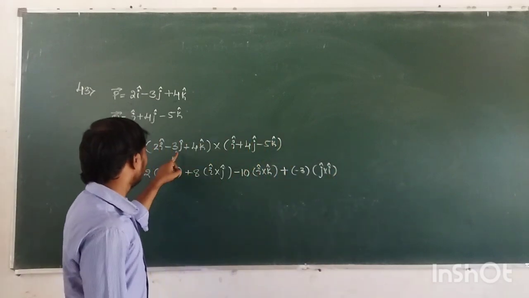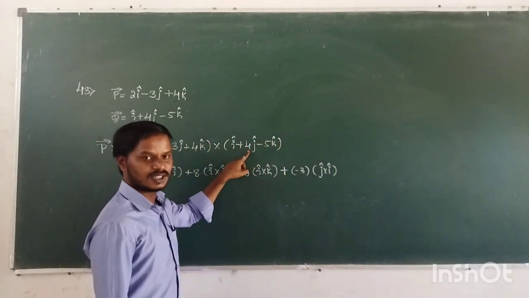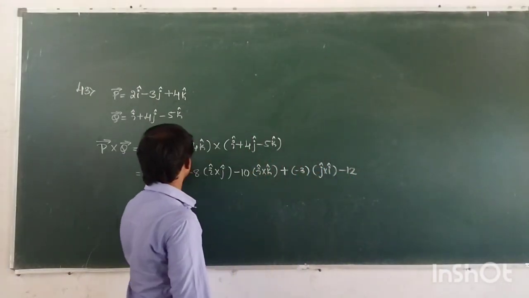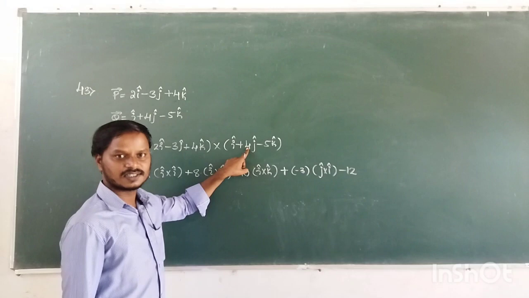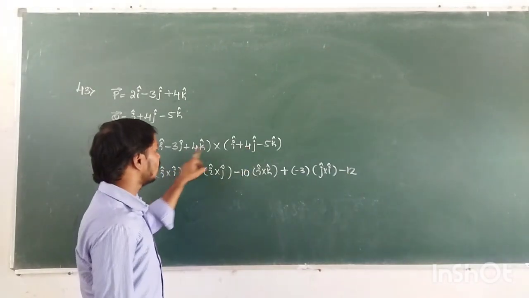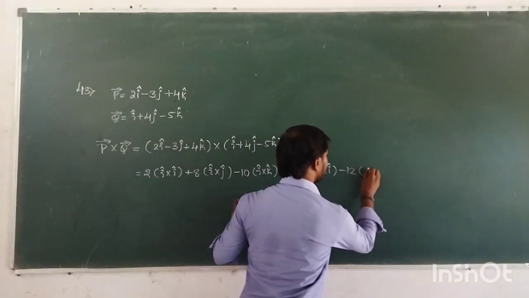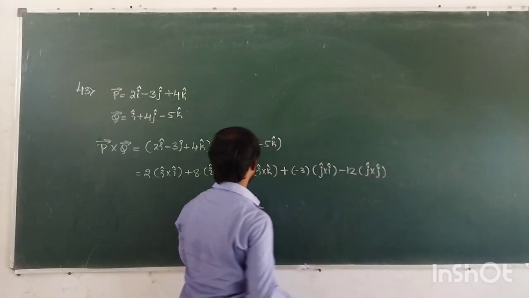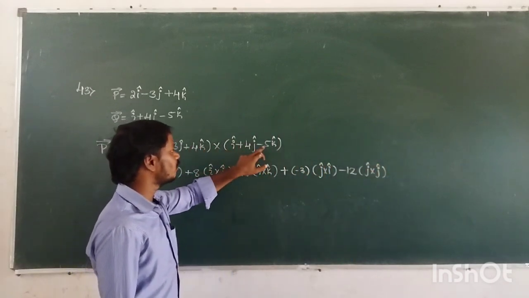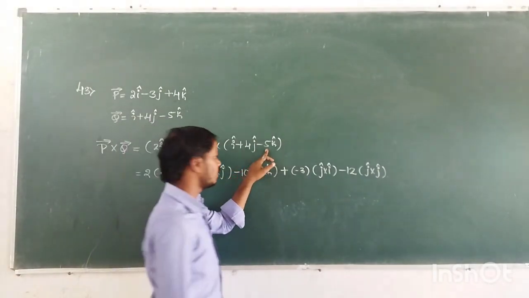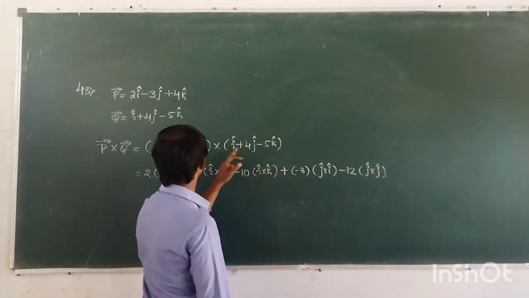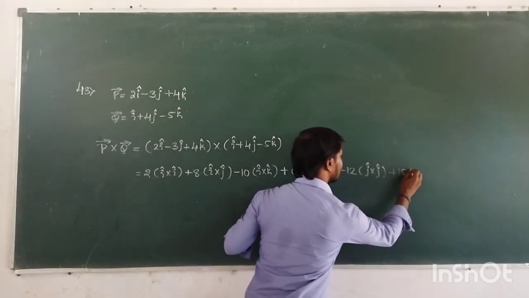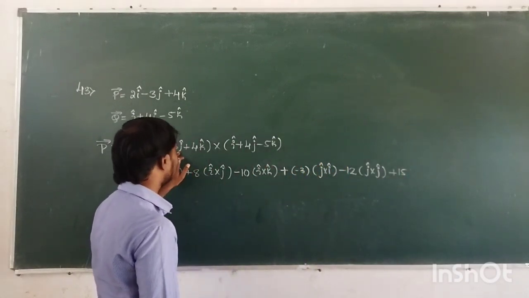Next, minus 3 into plus 4, that is minus 12, then j cross j. Next, minus 3 into minus 5, that is plus 15, because minus into minus is plus, then j cross k.